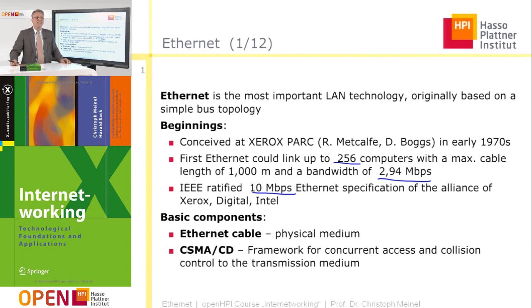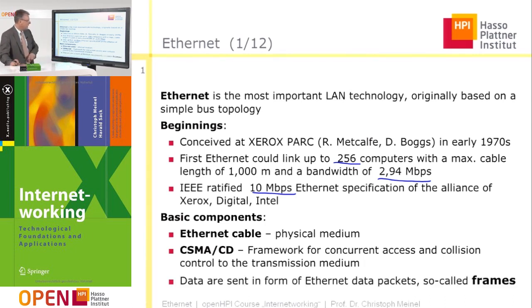So this CSMA/CD mechanism is a framework for concurrent access and collision control of the transmission media. And finally, we have the data which are sent within an Ethernet network in the form of data packets, which are called frames. So these are the three components.